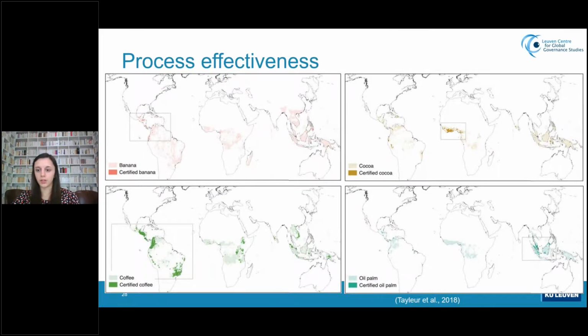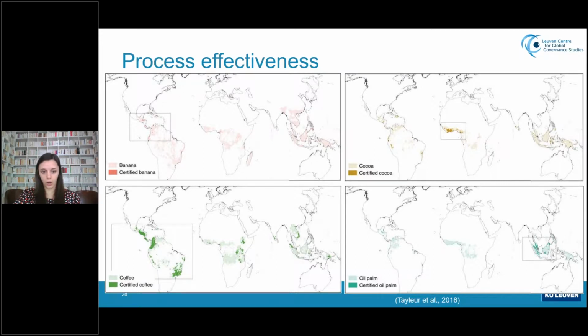On the slides, these are their results. You can see the mapping of where the commodities are produced in light colors, and the dark colors indicate where the certified production is located. For example, for banana here on the first image, you can see that banana is produced in a lot of tropical countries, but certified production of bananas is actually mostly in Central America.